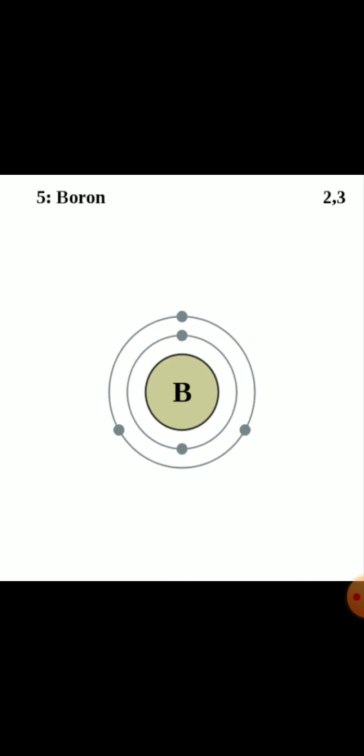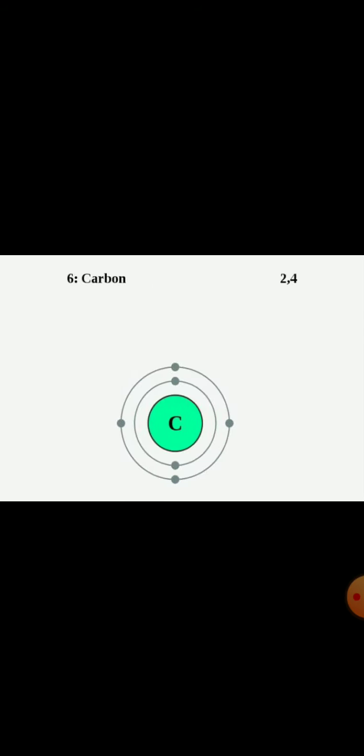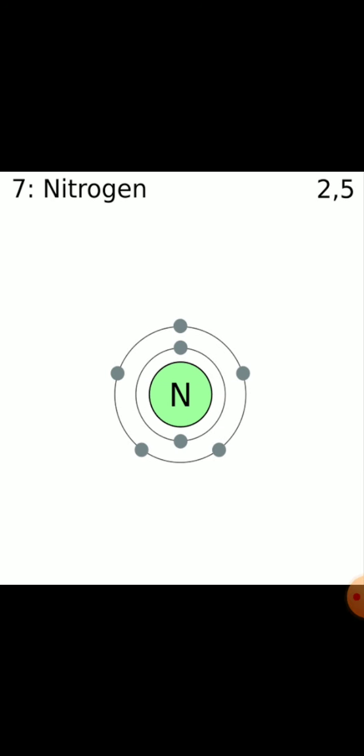The next we have is boron. How many valence electrons are there for boron? 3. Then we have carbon. The electronic configuration of carbon is 2, 4, which means 4 valence electrons. Then we have nitrogen, 2, 5.